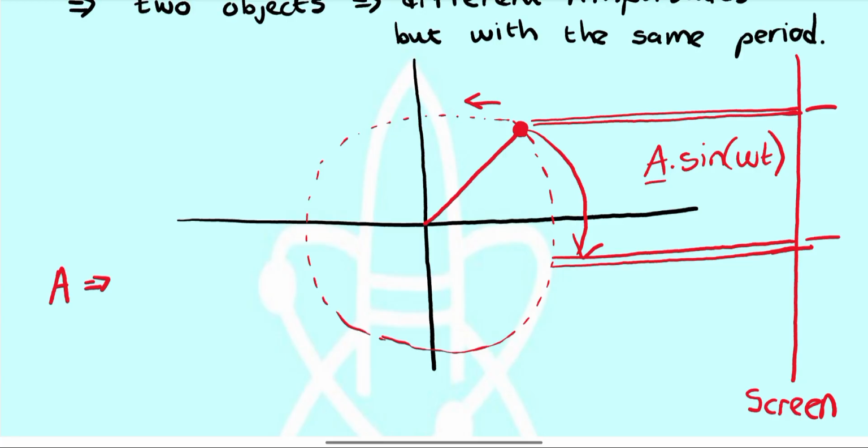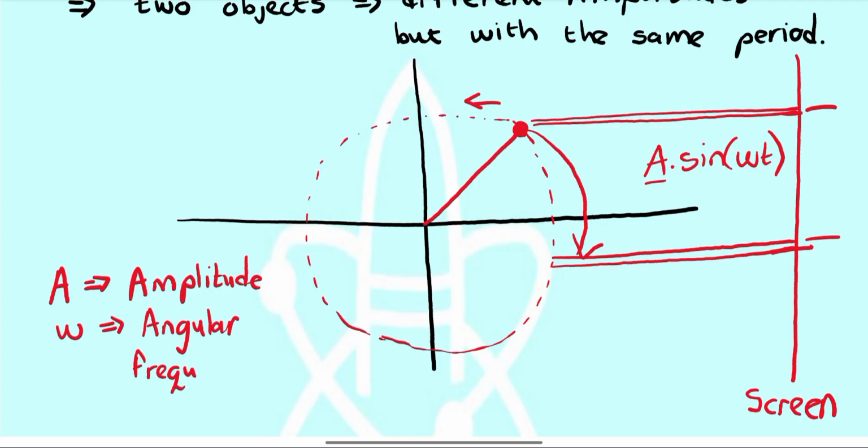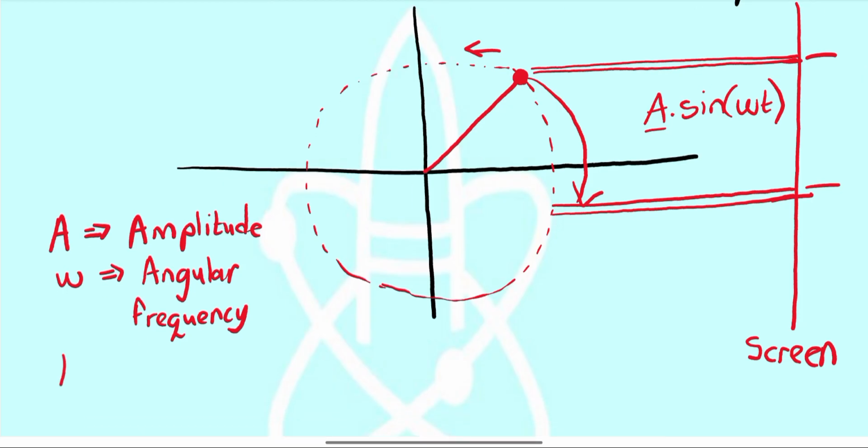Okay, so A is the amplitude of your pendulum, and omega is the angular frequency or the angular speed, and t is for time.